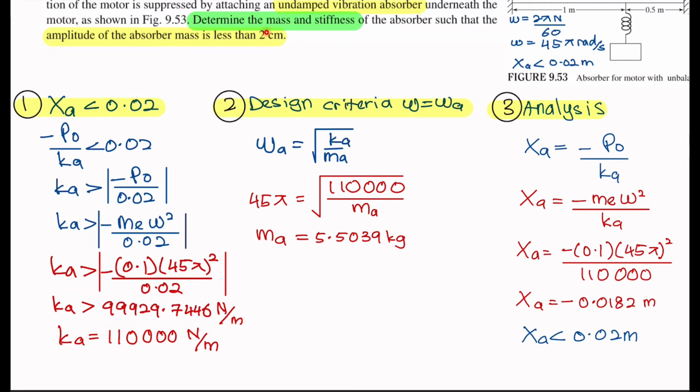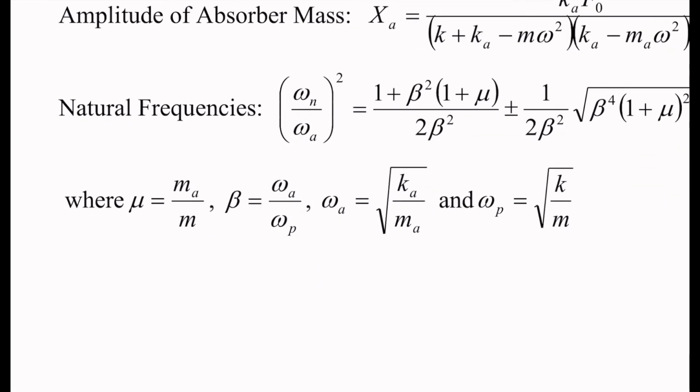Next, the question wants you to find the mass and stiffness. We've already found the stiffness. Now we're going to find the mass using the formula from your formula sheet, which is omega A, omega for the absorber, equals square root of the stiffness of the absorber divided by the mass of the absorber.